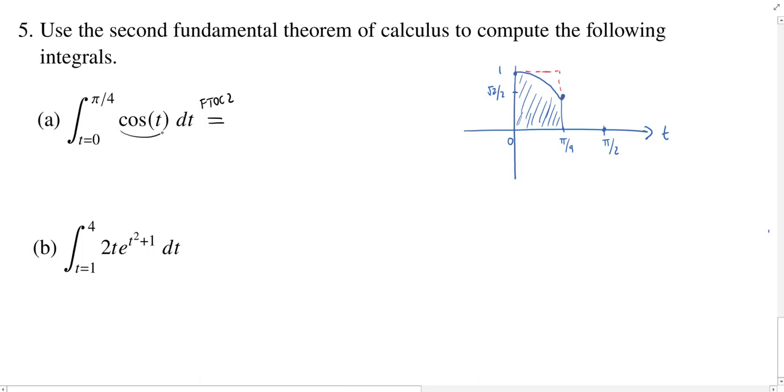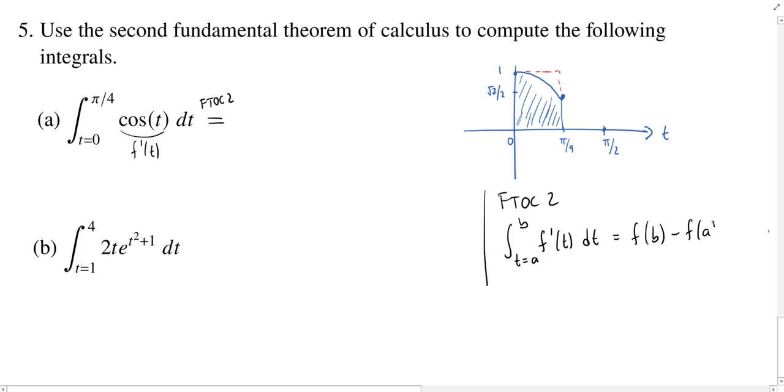We view this as a derivative, and I want to find the original function because, again, FTOC2 says if you want to integrate from a to b and you have the derivative of a function, then this just becomes the antiderivative, or an antiderivative, evaluated at b and at a. Right? Or remember, we might write this as F between a and b.